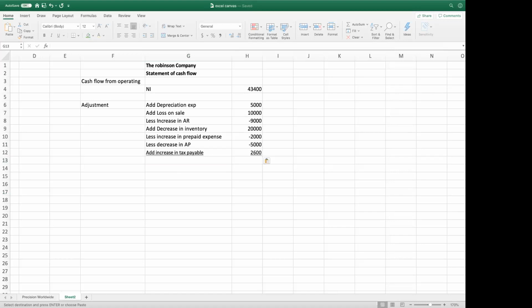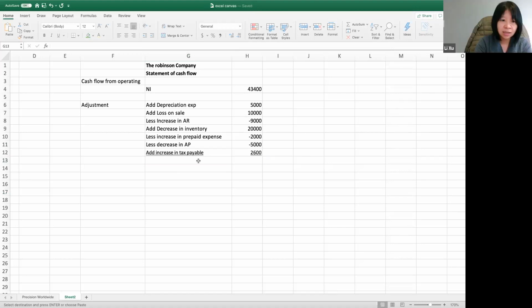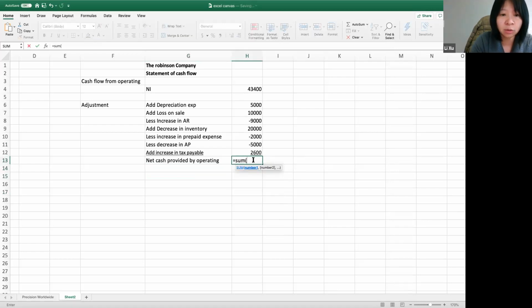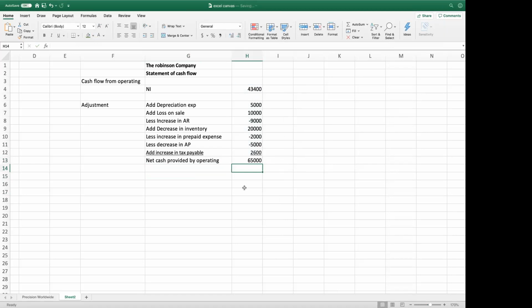That's everything we have on the balance sheet, and we can just calculate what the sum is going to be. Like what I said, the key is really to make sure that when you do this sum, you go all the way to include the net income. Okay. All right. So that gives you 65,000. That's the cash flow from operating section.